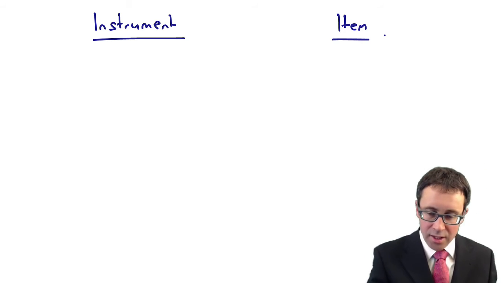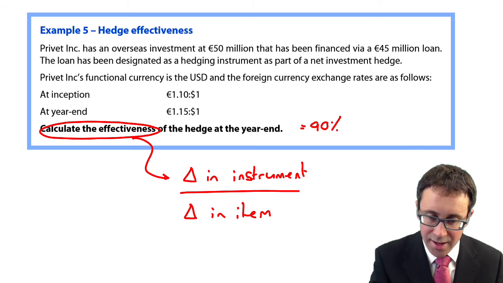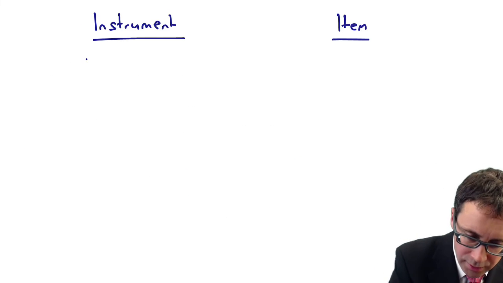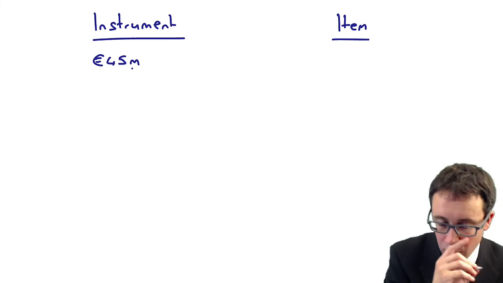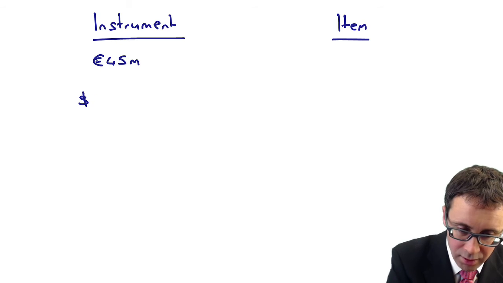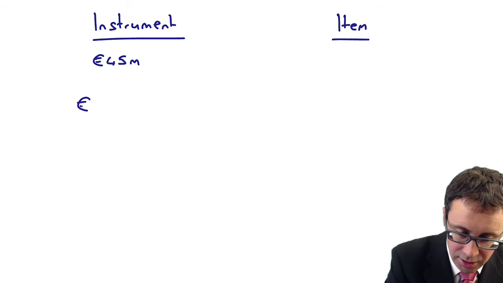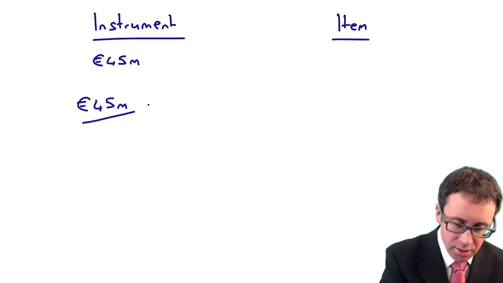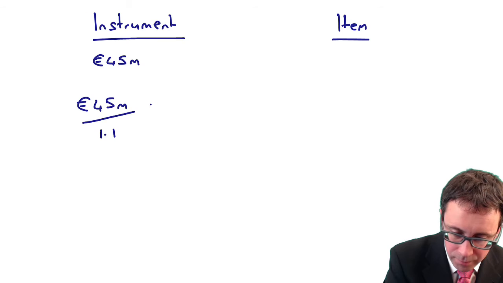The instrument that you have there is a 45 million euro loan. So initially, in euros, 45 million, was it there at 1.1.